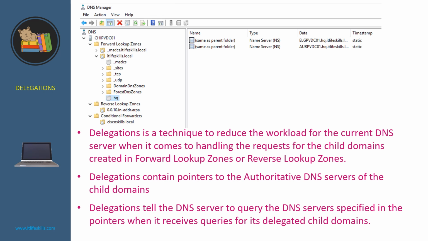As you can see in this screenshot, we delegated the child domain hq.itlifeskills.local to either LHPVDC01 or OPVDC01, which means whenever the DNS server GPVDC01 receives the query for the records in the child domain hq.itlifeskills.local, it will query either LHPVDC01 or OPVDC01 to find the answer to return to the client.